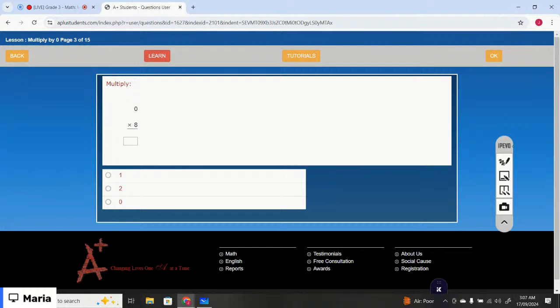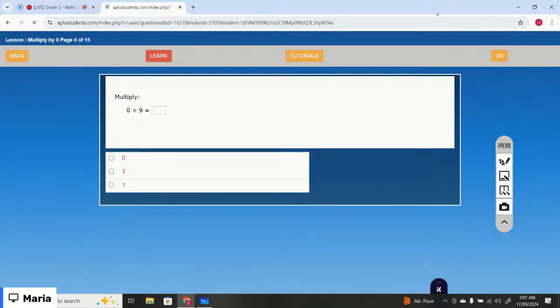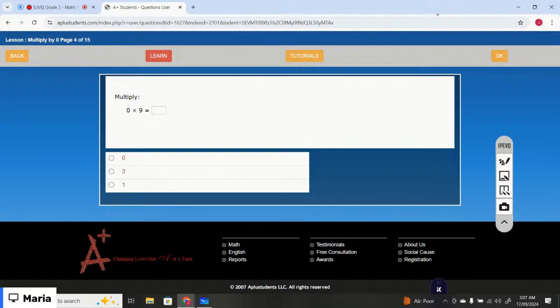The correct option is 0. So the next one is 0 times 9. So which is the correct option? 0 it is. So keep this very important point in your mind. If you're multiplying a number with a 0, the answer is always a 0.